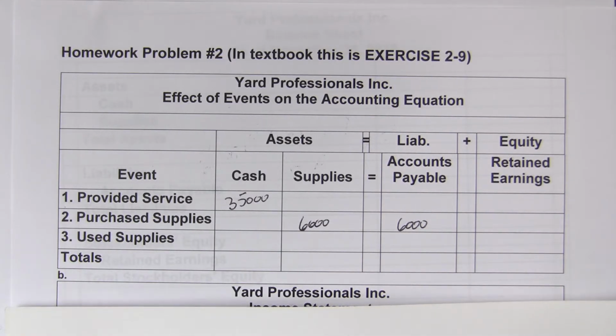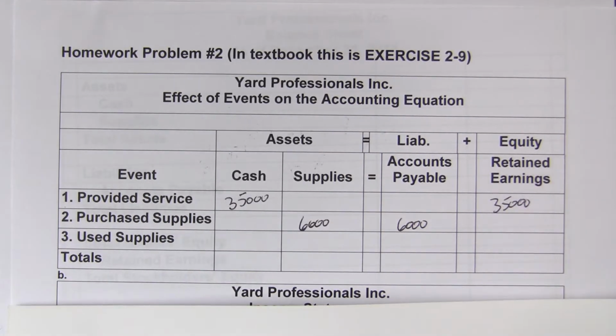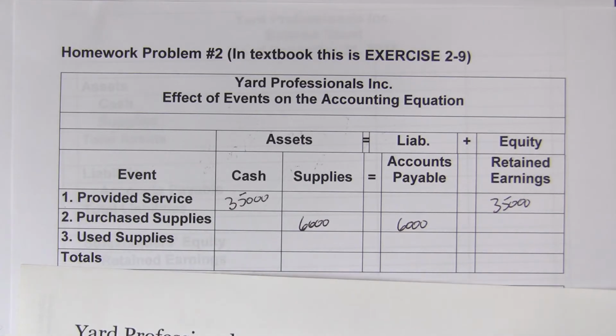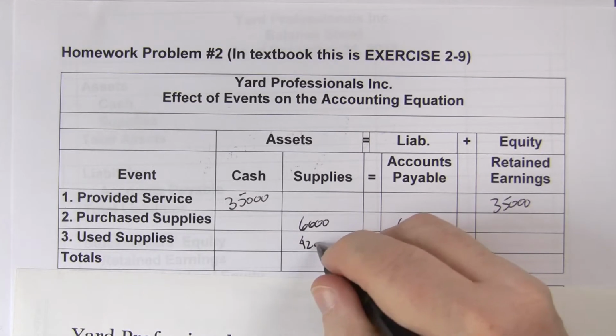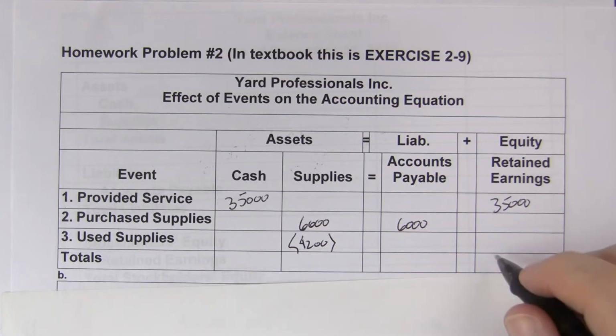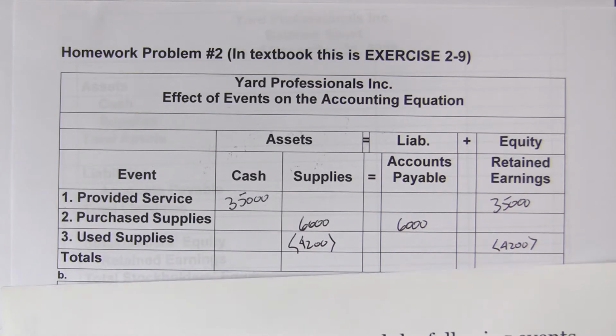And then, let me bring that $35,000 over to retained earnings, because remember, anything that happens has an immediate impact on retained earnings, even if we haven't done the financial statements yet. And we used some supplies. We used the $4,200 that we just computed, and that's an expense, so that reduces our net income, which reduces our retained earnings.